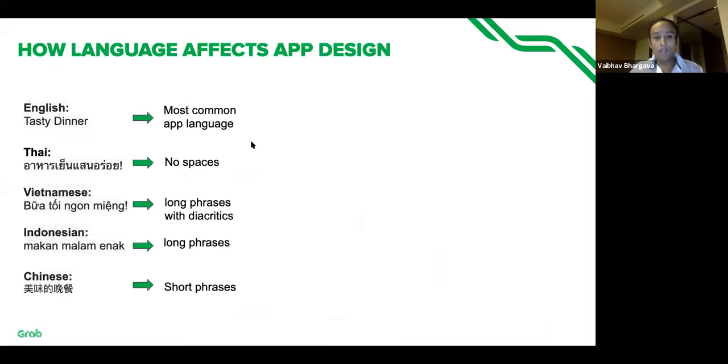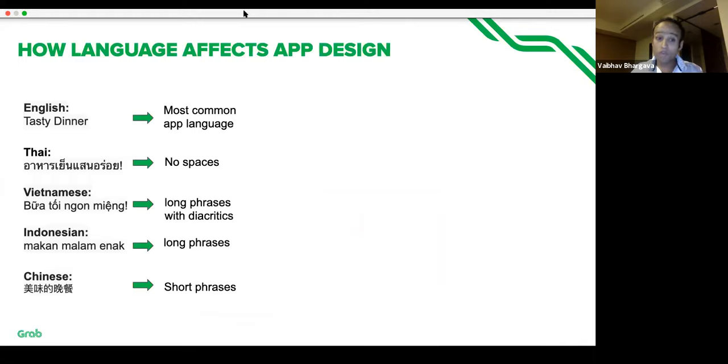So this is going to be interesting for some of you who may have not worked in a multilingual environment. Just look at the languages that you see on the left, right? There's English, tasty dinner, the same thing in Thai, the same thing in Vietnamese, the same thing in Indonesian and in Chinese. You will notice a lot of differences.